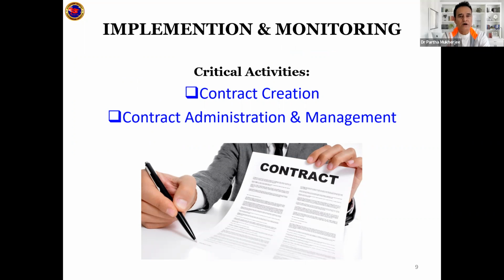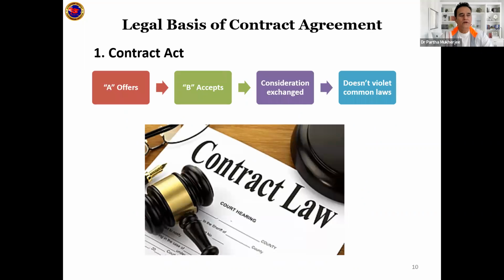Therefore, you need to understand a little bit of the legal aspect of the contract and some of the details of the contract document, the legal document that I will show you in the next slides. And also in the implementation or during monitoring and control, you will need to know a little bit of contract administration and contract management.